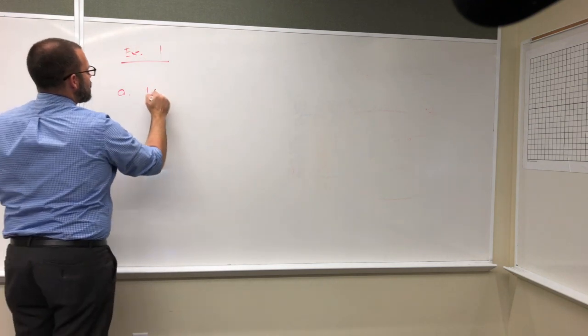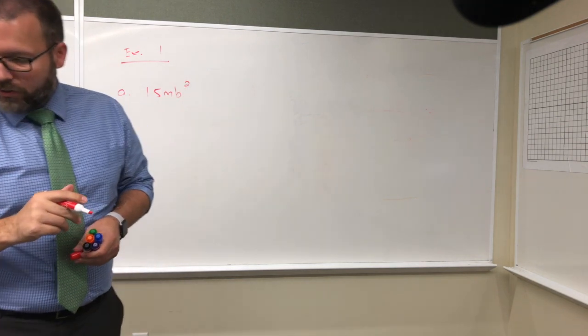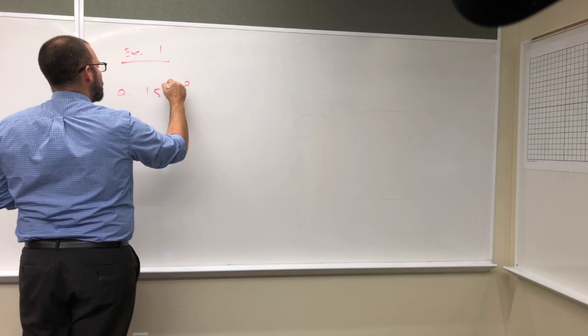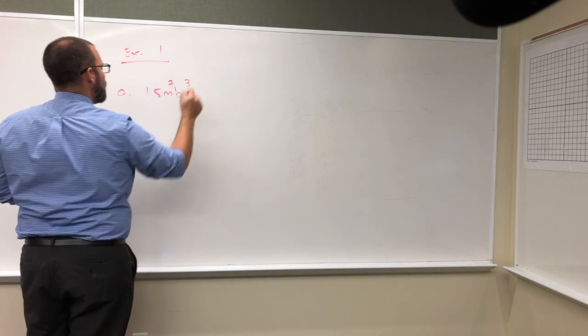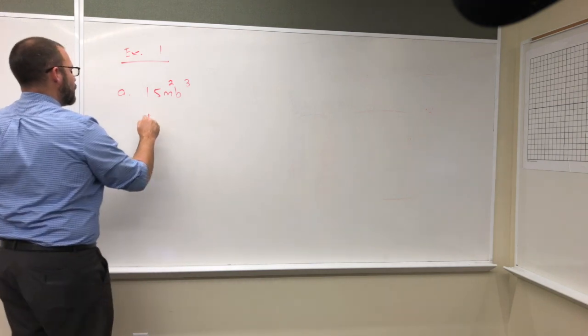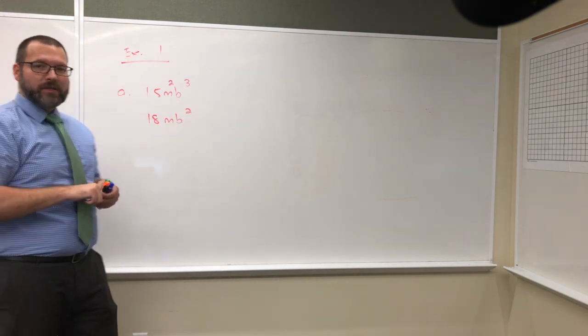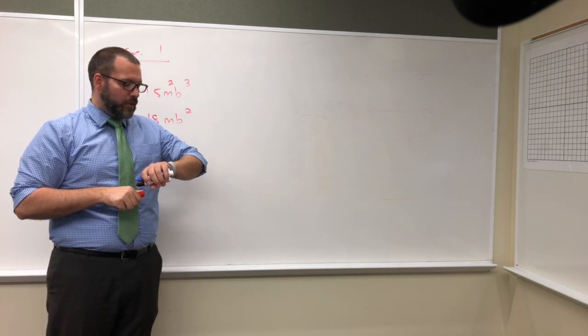We do it the same way we do with numbers, so take a look at something like example 1a, where we have these two expressions, 15 m b squared, m squared b cubed, and then 18 m b squared. And the first thing we're going to do is factor these expressions, right?